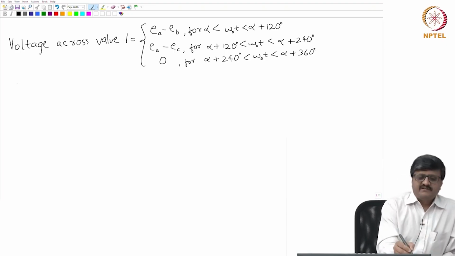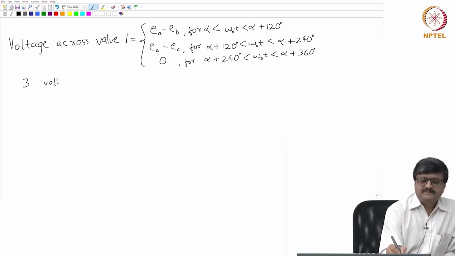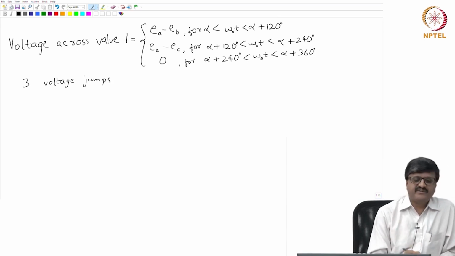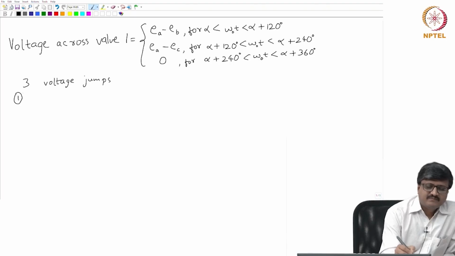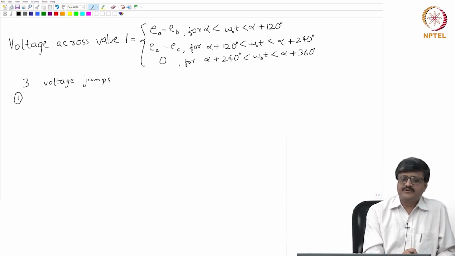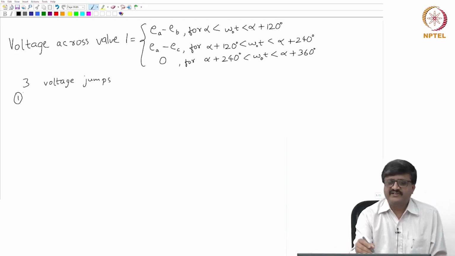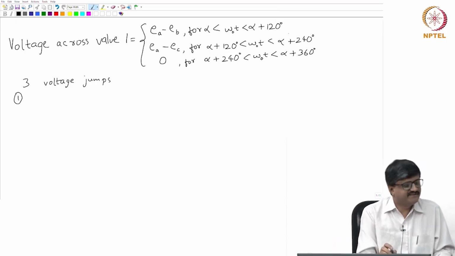So, there are 3 voltage jumps. A jump is just a discontinuity. Now, if I want to find the magnitude of this jump, if you look at the expression for the voltage across valve 1, at alpha plus 120 there is a jump.